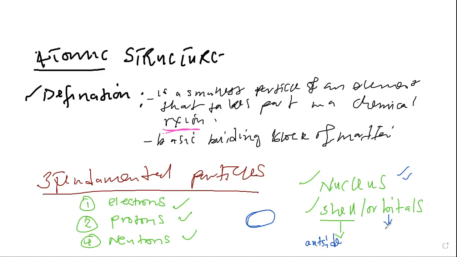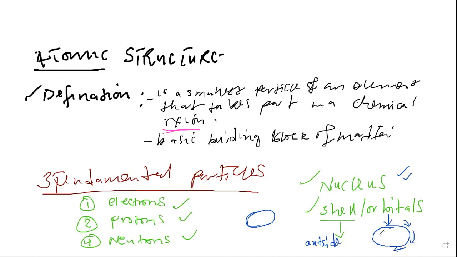To orbit is to move around. So this orbital simply means this thing is concentric and it moves around in a direction like that.